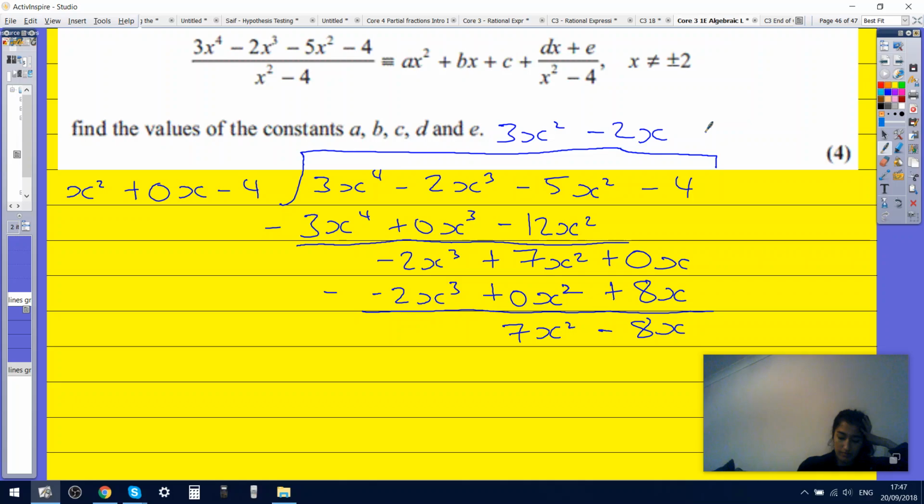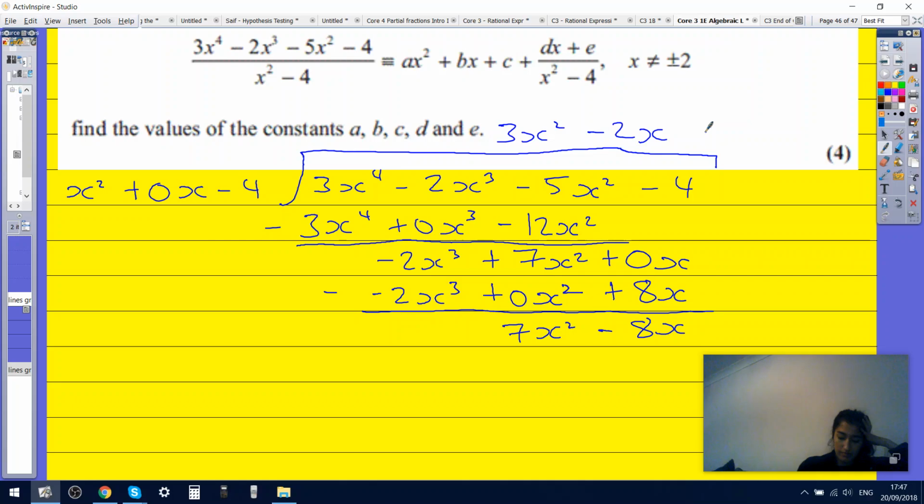Why is that? Don't know. We never brought down the minus 4. Oh yeah. Okay. And then minus 8x divided by x squared, you do still do the minus.